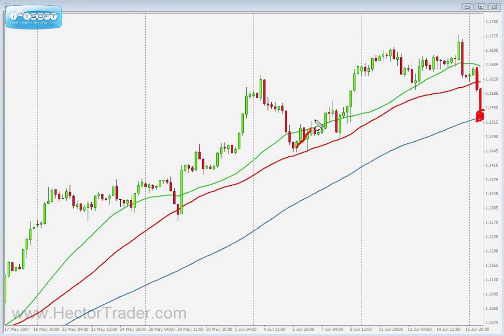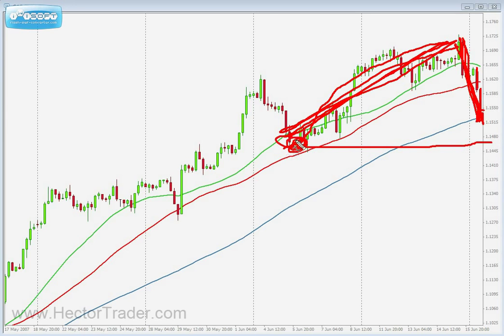Remember what I was saying before, when in an uptrend the pullback goes all the way back to the 100, it usually takes quite a deep bite into the trend. Well, have a look. We are almost back to the level where the swing started.